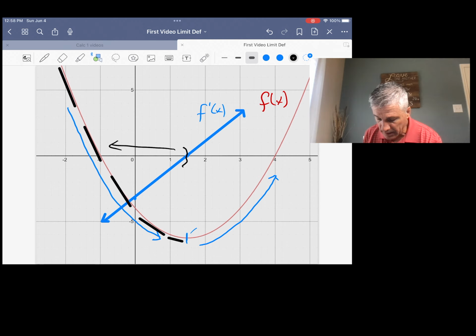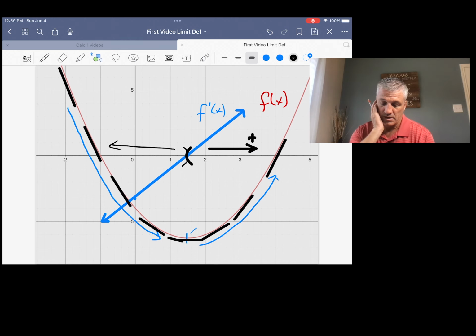And right here, the slope of the tangent line is 0. So this makes sense that the derivative is more negative here, then it hits 0, and then all these tangent lines are positive. And from here over, the derivative is positive, okay?